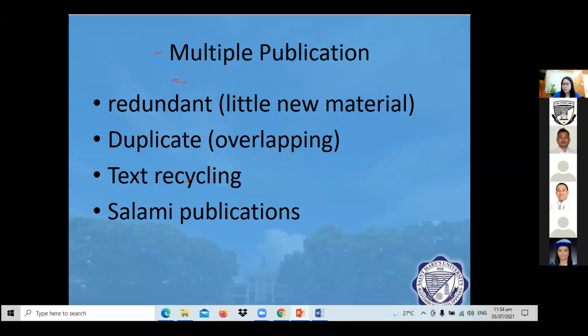So you cannot just copy your original rationale. So you have to think of a way how to really split it, and the rationale will just focus now on your problem 1 and another rationale will be focused on your problem number 2. So that's for salami publication.